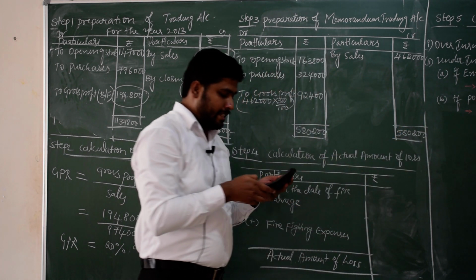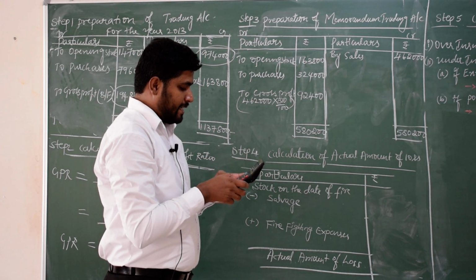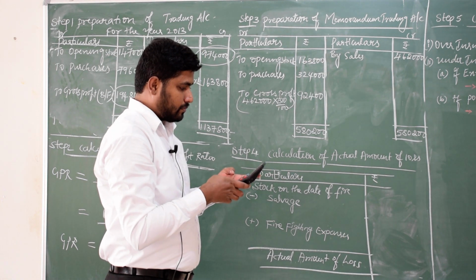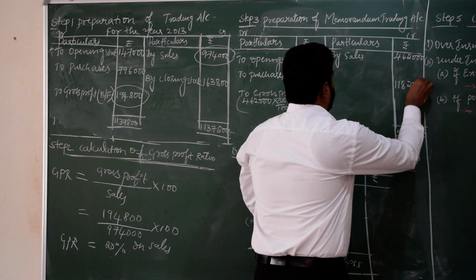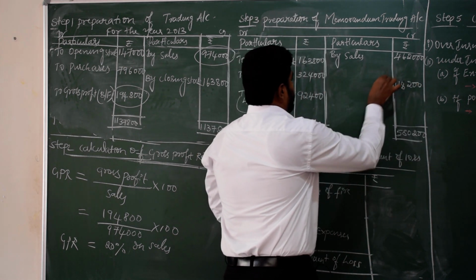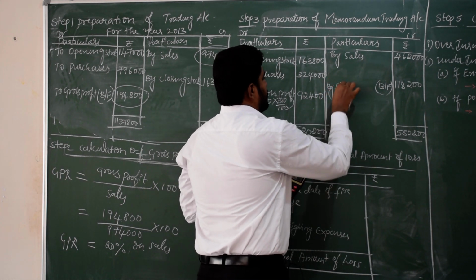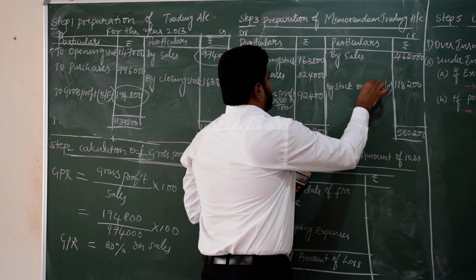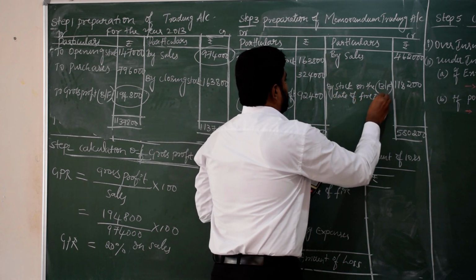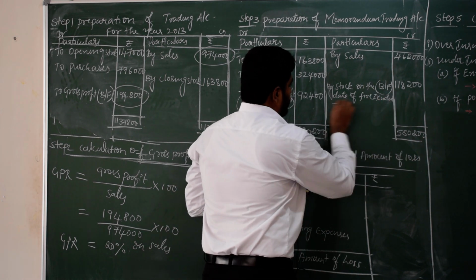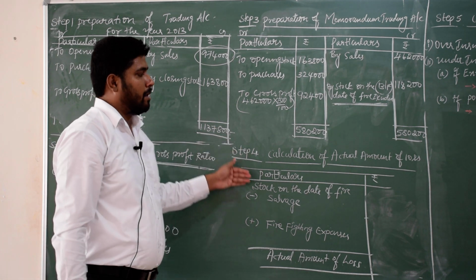Now the balance figure will be 5,80,200 minus 4,62,000. You will get 1,18,200 as the balancing figure, and this information is considered as stock on the date of fire accident. This is also called as closing stock. Now move on to step number 4.